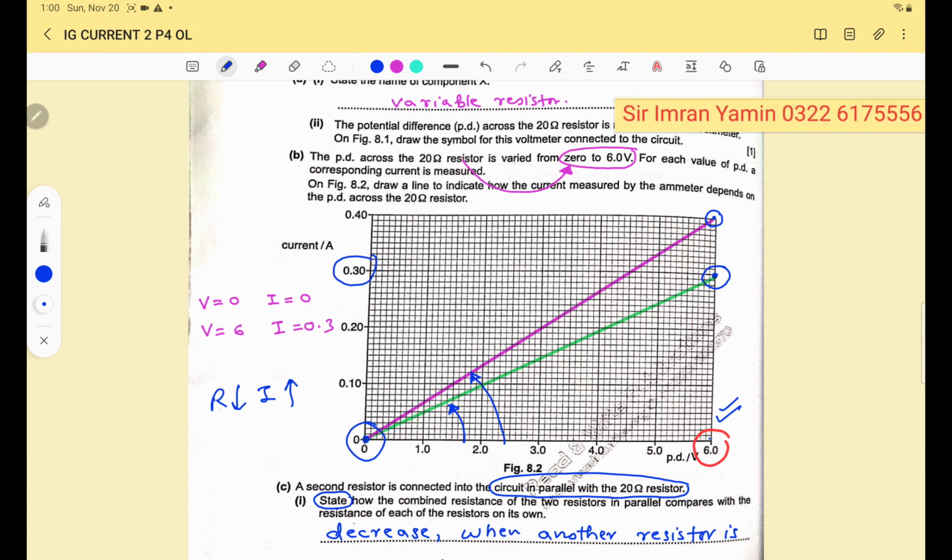Okay, I am revising, repeating my sentence. When the total resistance decreases by parallel combination, the total current will increase for the same voltage. If the current increased, then obviously the graph line is shifted upward. And if the graph line shifted upward, it means its gradient increased.